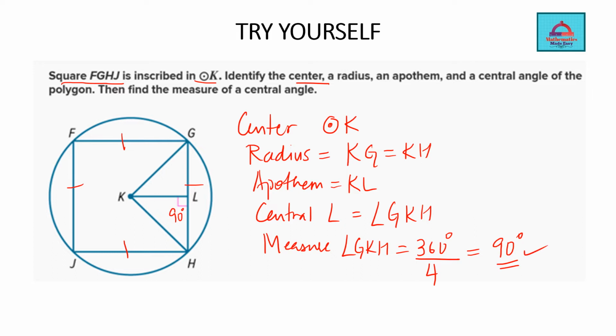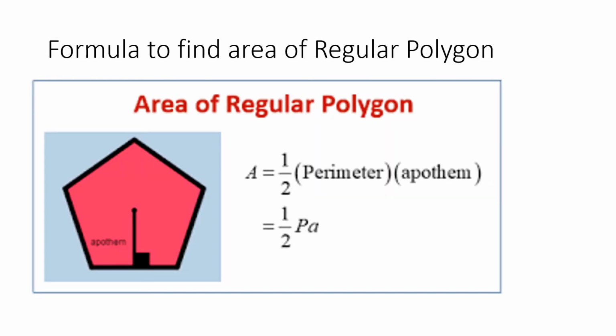That completes the question. Now that you know how to identify the center, the radius, the apothem and the central angle, let's now find the area of a regular polygon. The formula is given here on the screen.